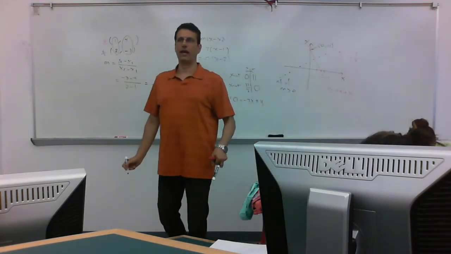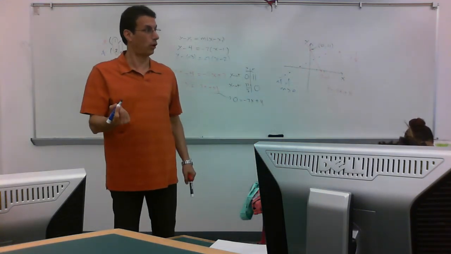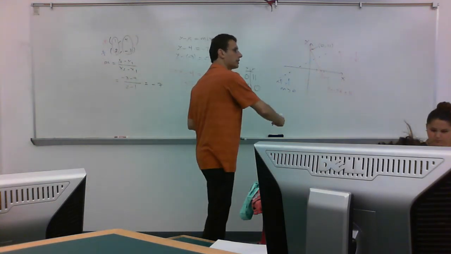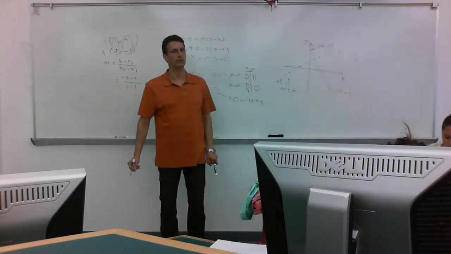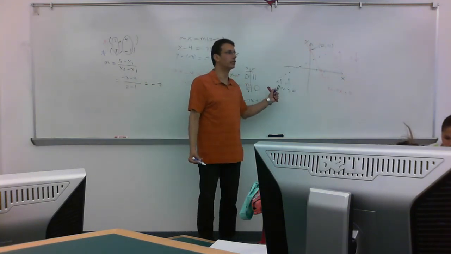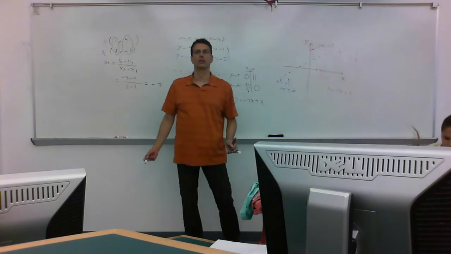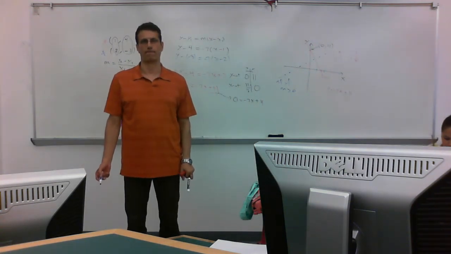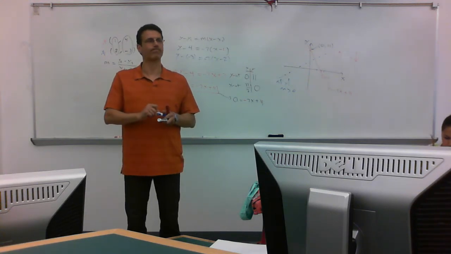If x increases, y increases, we call it positive slope. But if x increases, y decreases, we call it a negative slope. Or this is considered to be an increasing function, this is considered a decreasing function. Any questions, please?